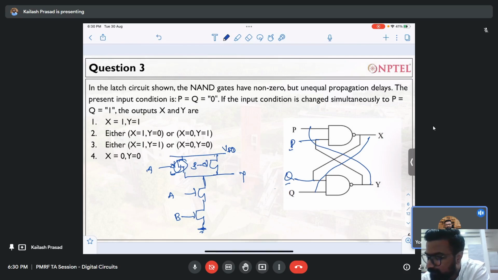Because both the inputs of a NAND gate are identical, so it doesn't matter whether you connect from this node or from that node. Which one is faster, we don't know. That is my point. We don't know which gate is faster.